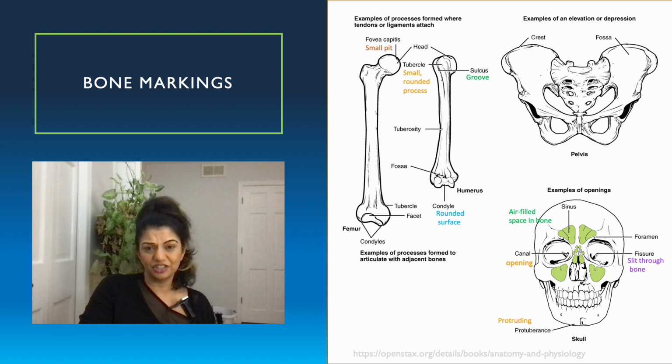Then we've got projections. And projections are like balconies where muscles attach. So let's take a look here. We've got tuberosity, and also crest and spine would be examples of a projection. It's just a little part that sticks out a little bit, right? Okay, then we've got depressions.